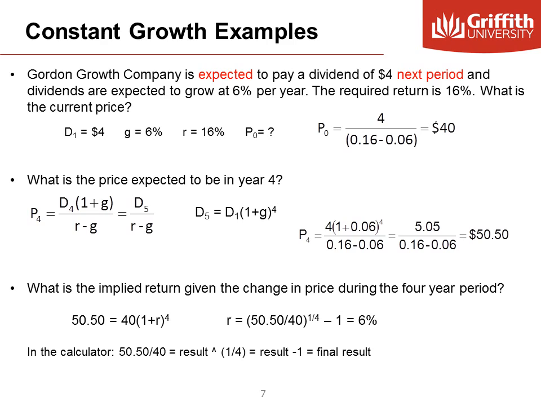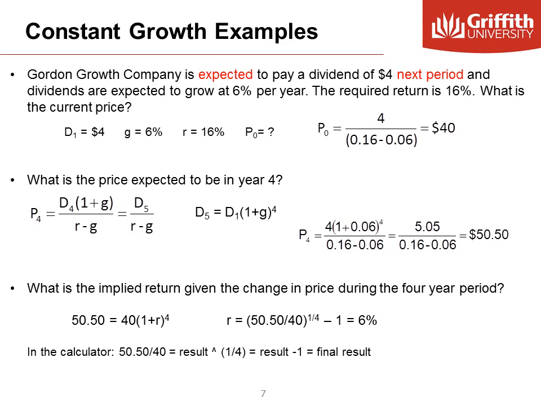Note that in this example, again, we are given the expected dividend for the next period, D1. So Golden Growth Company is expected to pay a dividend of $4 next period, and dividends are expected to grow at 6% per year. What is the current price if the return is 16%?